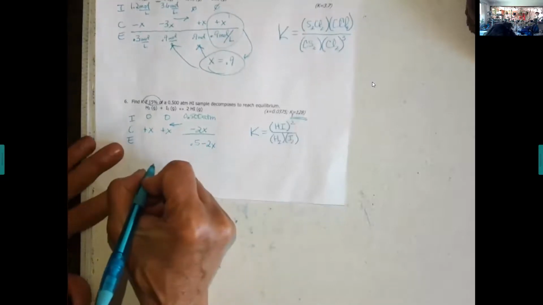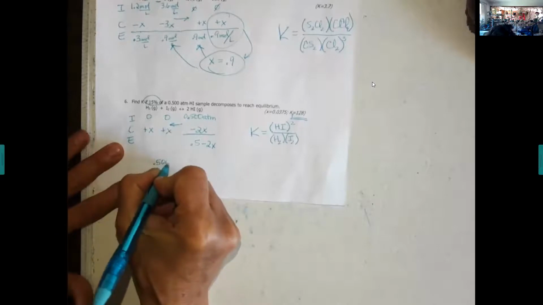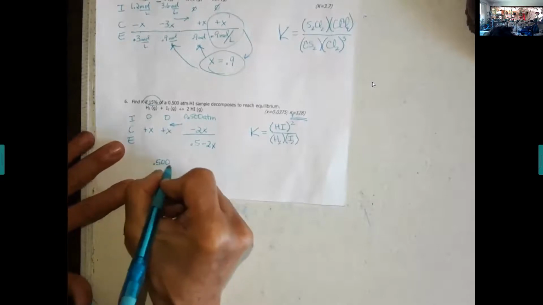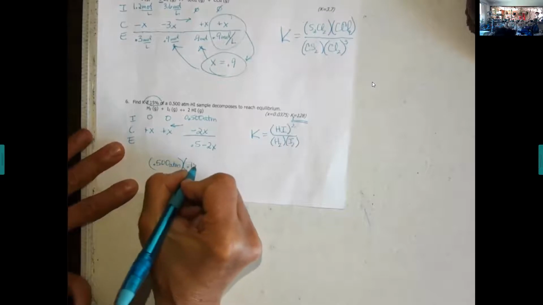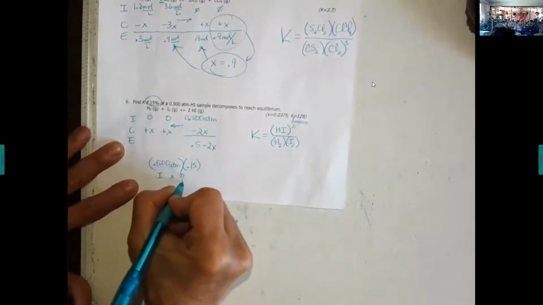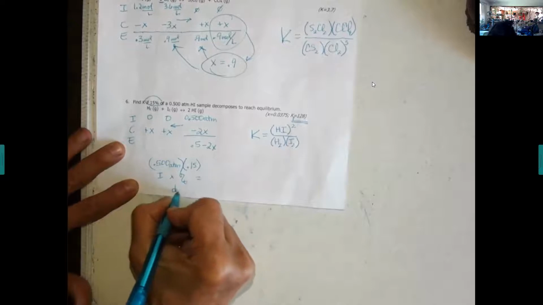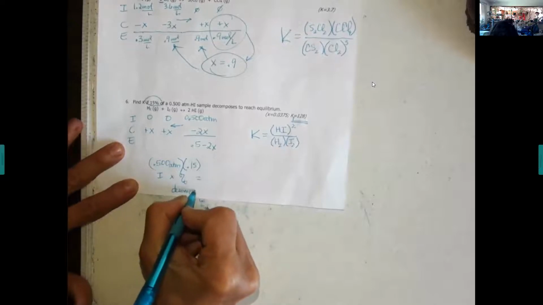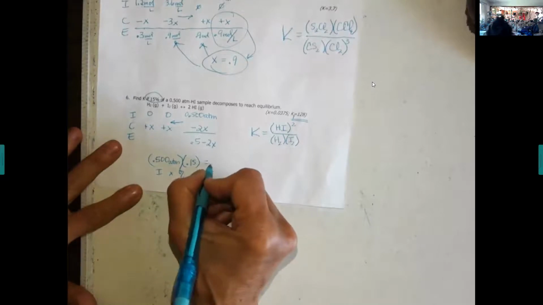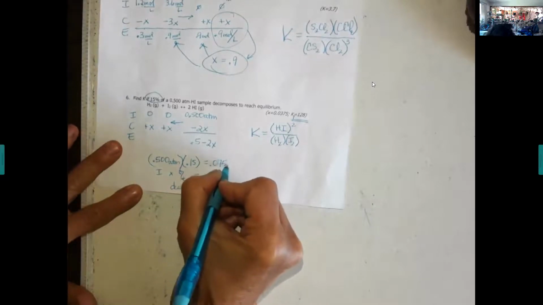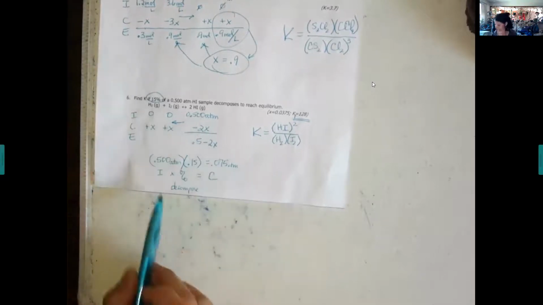If we take that 0.500, which is my initial atm, times the 0.15, the percent that decomposed, that gives me the change. So 0.5 times 0.15 is 0.075.